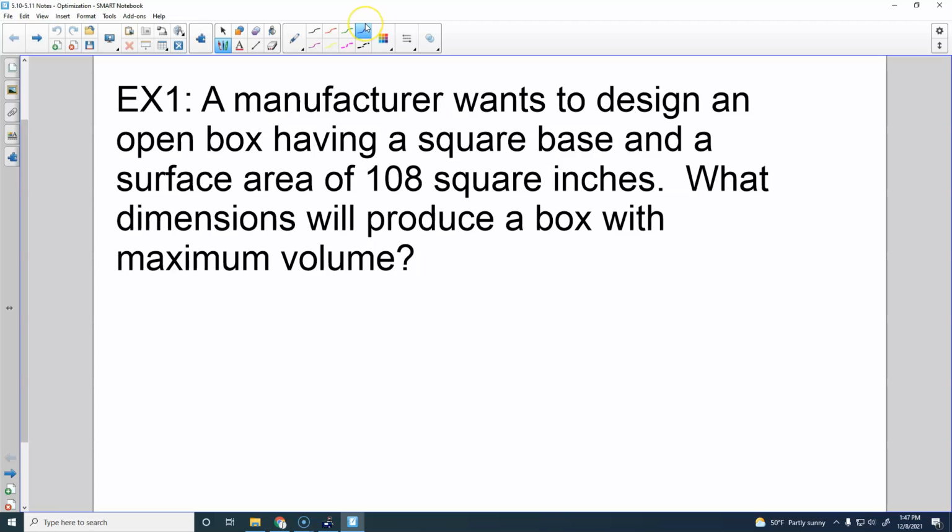I could see how this would happen in a manufacturing setting where you're making this box and you certainly want to maximize your volume and you have a certain surface area. Now, it's a little oversimplified for our particular uses here.